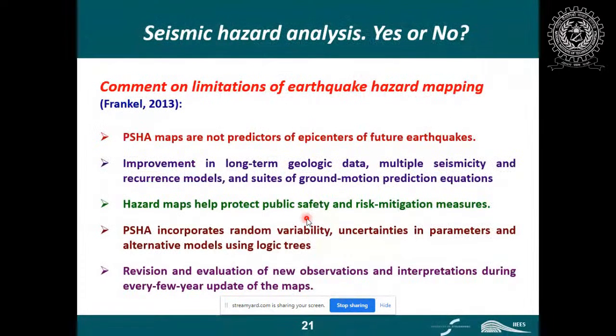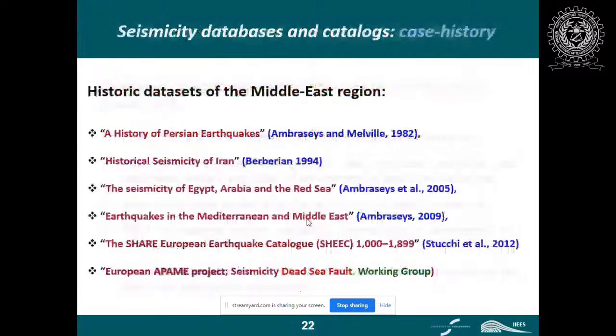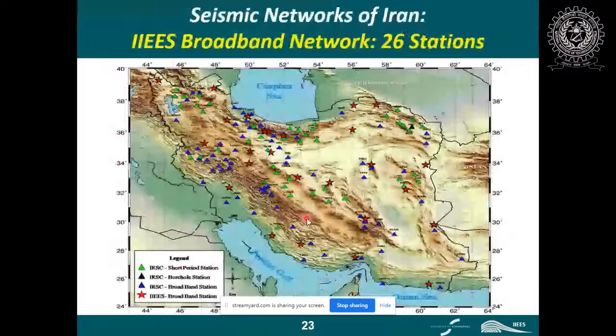Therefore, if we look again at the possibility of such an earthquake, we may go through the catalogs and the previous studies and look at the instrumental data.